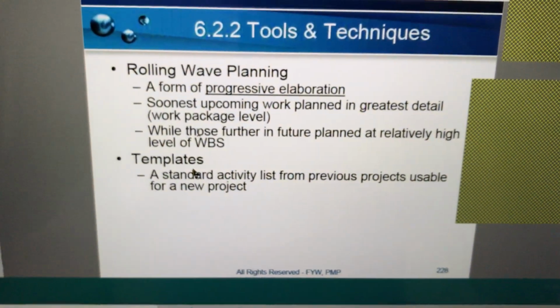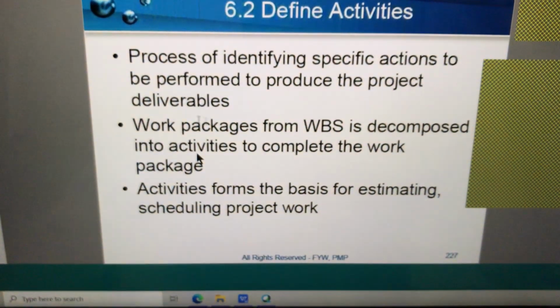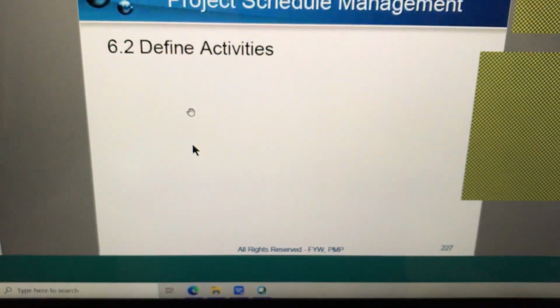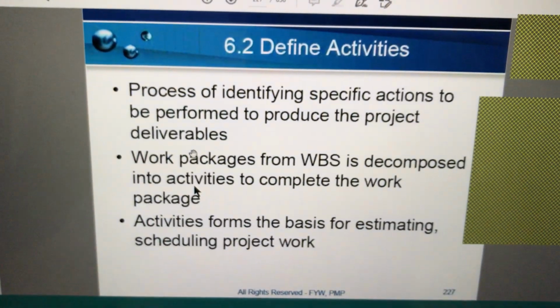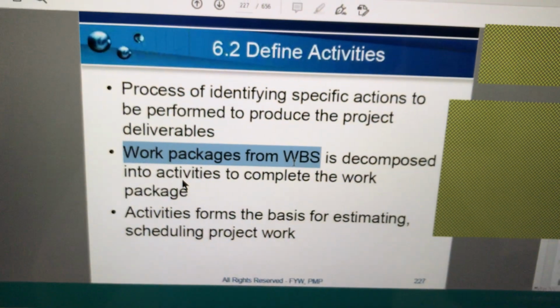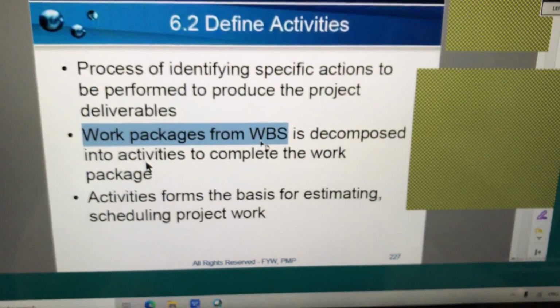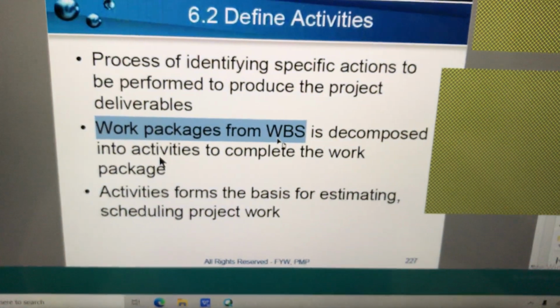Now, let's see. If you look at it here, we are in schedule, okay? Define activities is part of schedule. So here you see work packages from WBS. That means it is coming from the previous knowledge area called scope. Correct? In scope, we said define scope and create WBS.